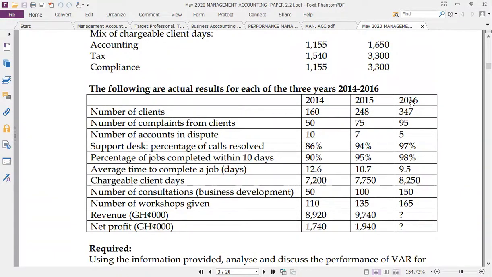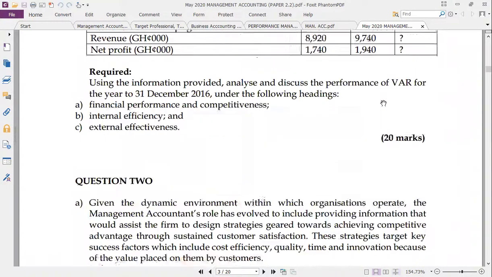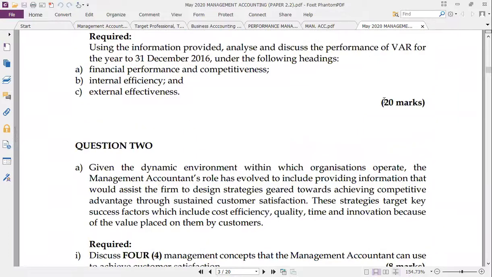So they are looking for 2016. Agreed. So the central focus must be on 2016, but with a reference to what? 2014, 2015. Great. On the headings of the following: financial performance.